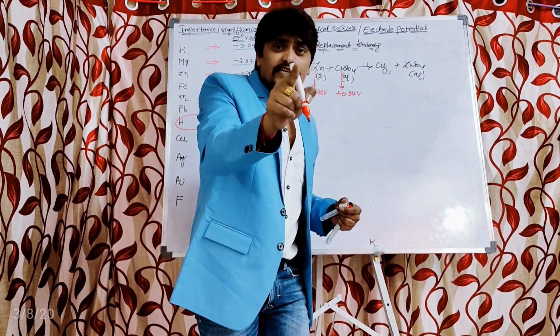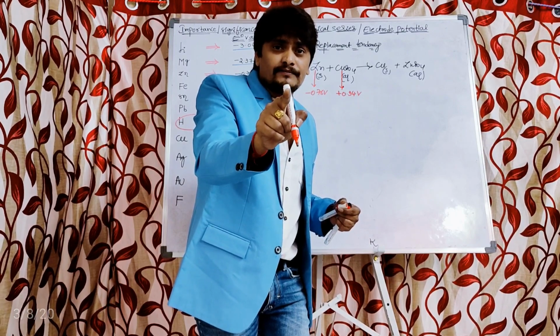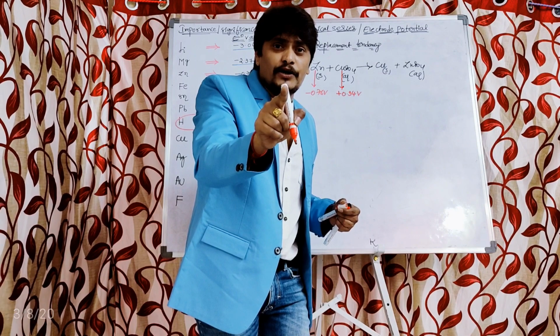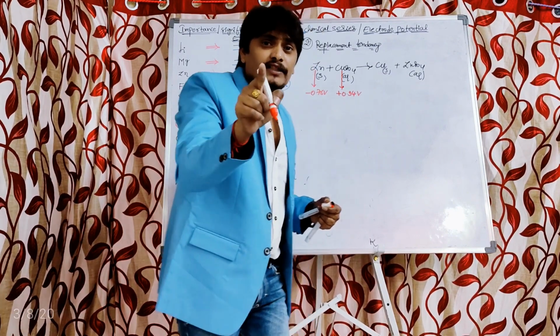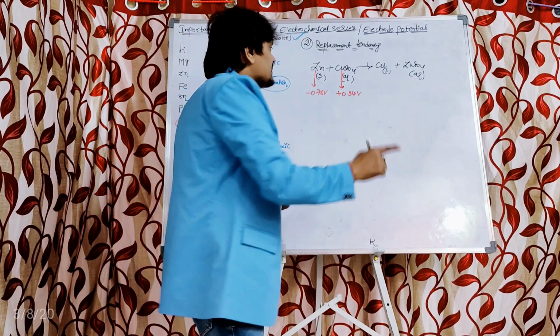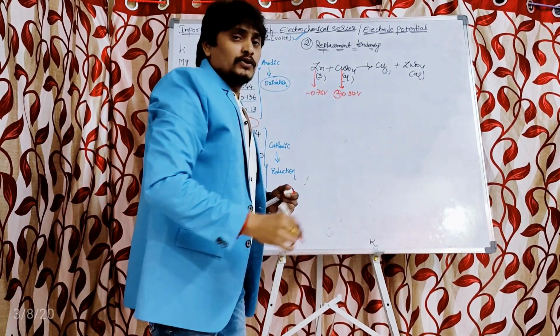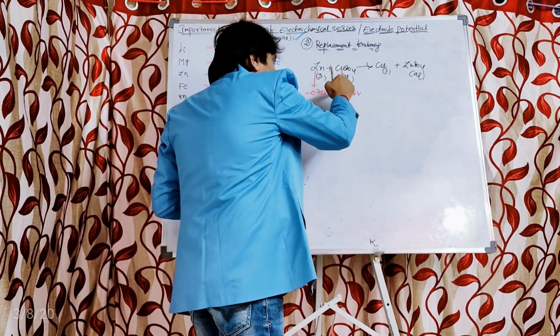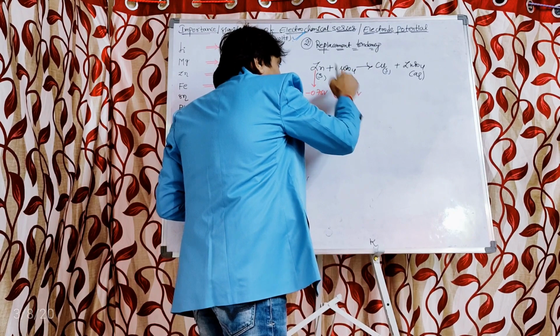Now, among zinc and copper, which undergoes reduction? Copper, because copper is associated with the higher standard reduction potential value, since its value is positive. So it acts as cathode and undergoes reduction.